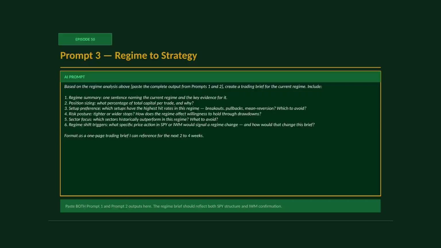How does the regime affect willingness to hold through normal drawdowns? 5, sector and instrument focus, which sectors or asset classes historically perform best in this regime? What to avoid? 6, regime shift triggers, what specific price action in SPY or IWM would signal a regime change, and how would that change this brief? Format this as a one-page trading brief I can reference for the next 2 to 4 weeks.